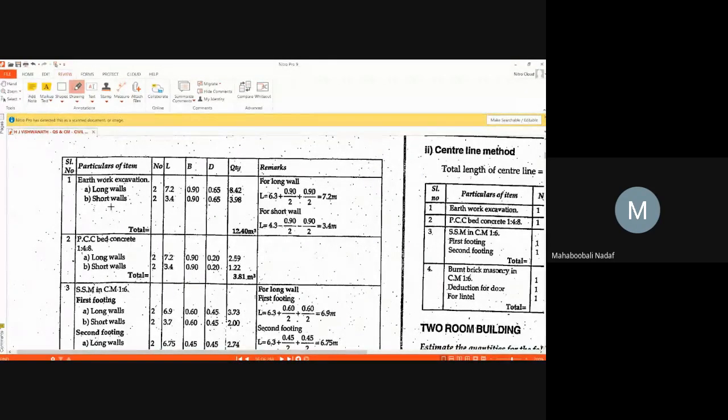Same thing for the short wall: center to center distance minus half of the width of that item on either side. These lengths have to be entered, not the initially calculated ones. The initially calculated lengths are used for the next calculations.